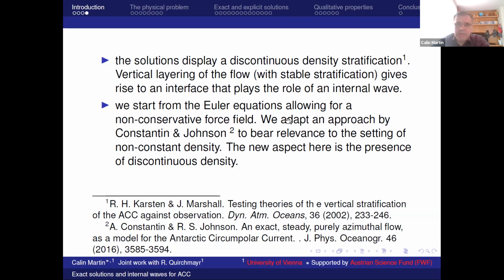In doing so, we adapt an approach by Constantin and Johnson from 2016. We extend their approach to the setting of discontinuous stratification. Actually, the new aspect here is the presence of a discontinuous density, as emphasized earlier.